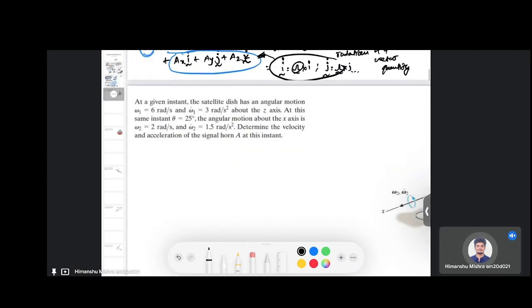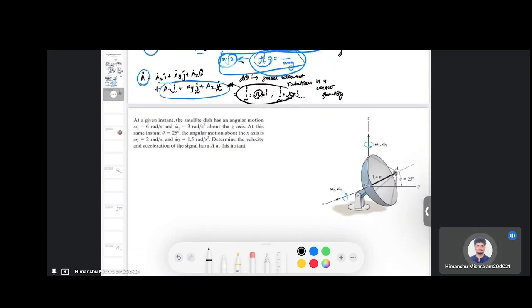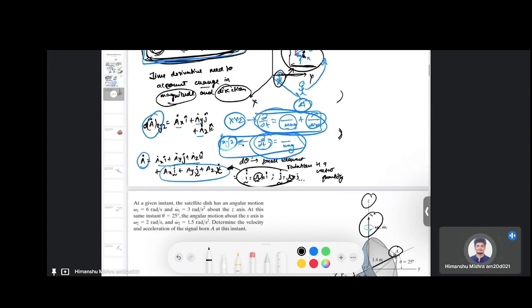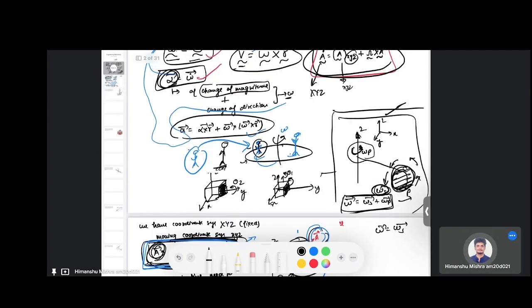In this question we are given a satellite dish which has angular motion omega 1, here 6 rad per second, as well as angular acceleration 3 rad per second squared about the z axis, and it has angular velocity and angular acceleration about the x axis as well. Determine the velocity and acceleration of signal horn A at this instant. It's a very similar problem to the one we briefly reviewed.